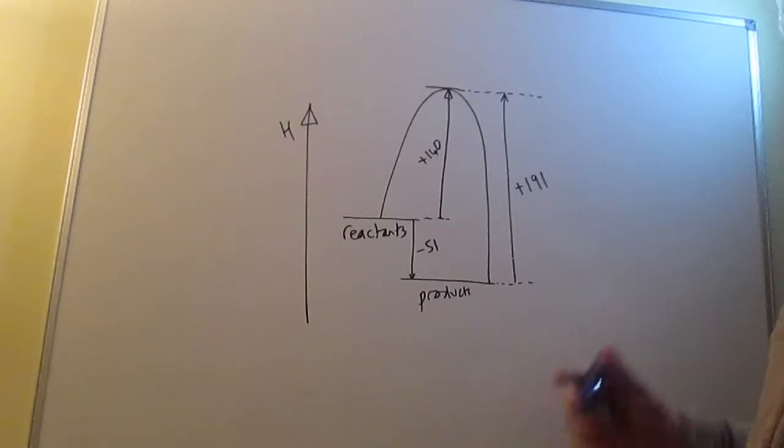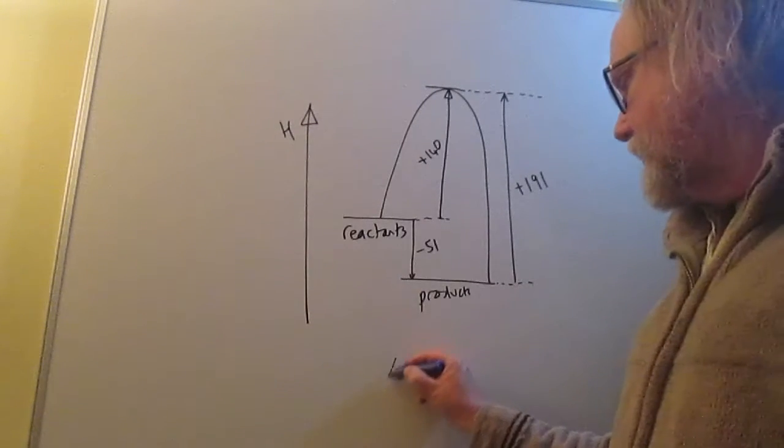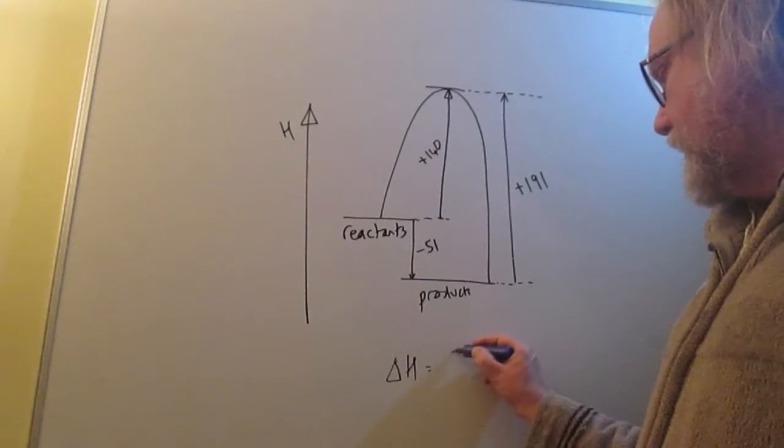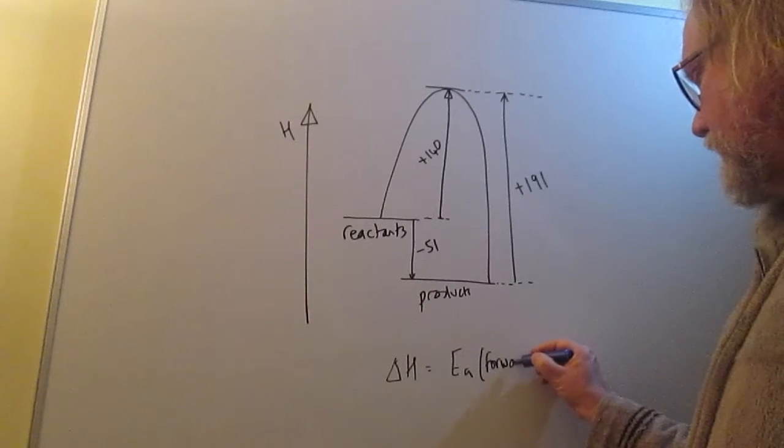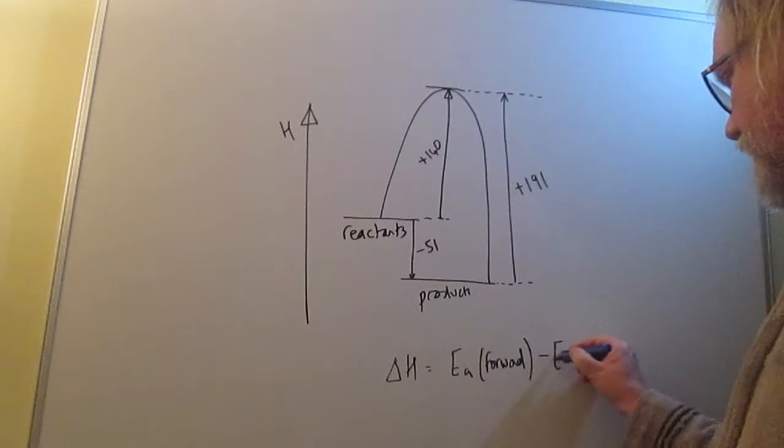If you really don't like diagrams, you can just memorize the formula, which is that delta H is equal to the forward activation energy minus the reverse activation energy.